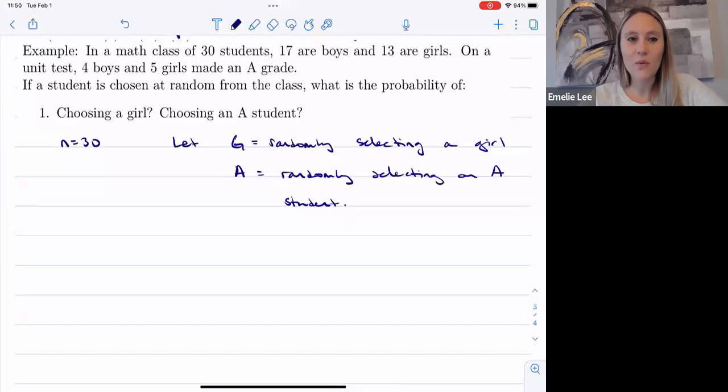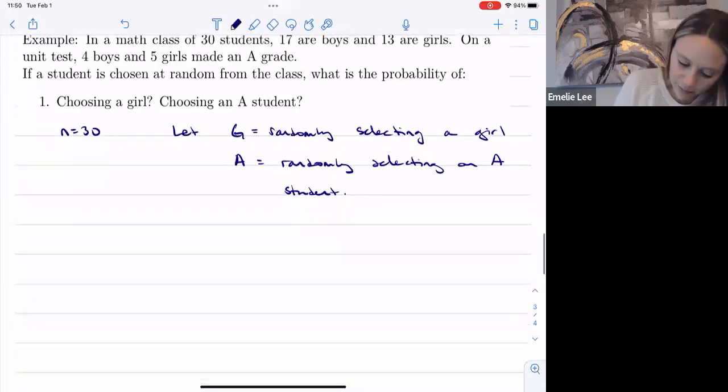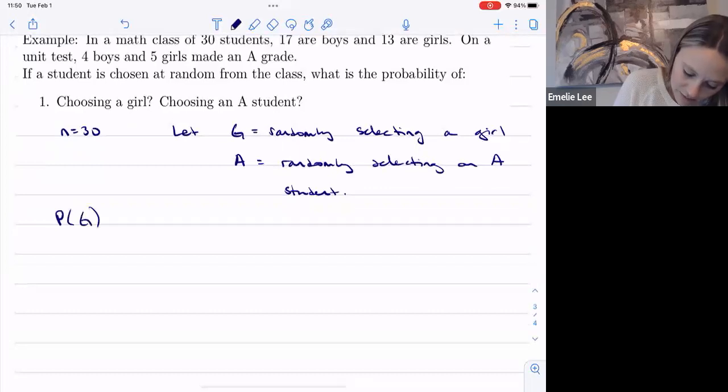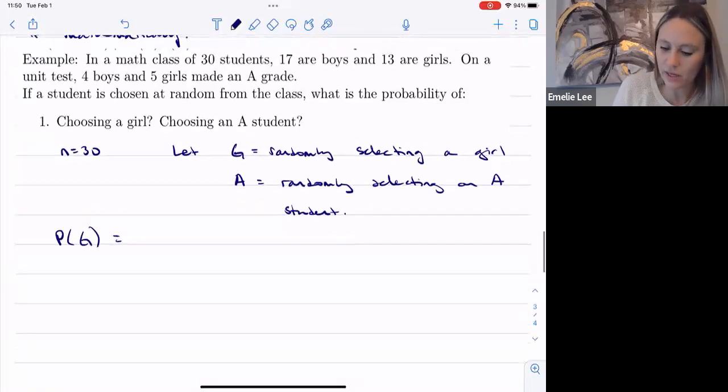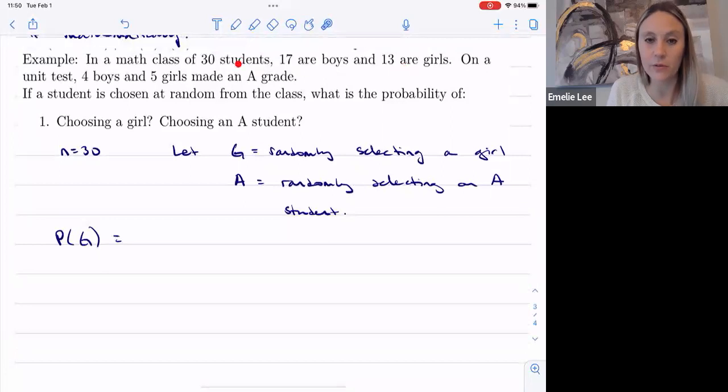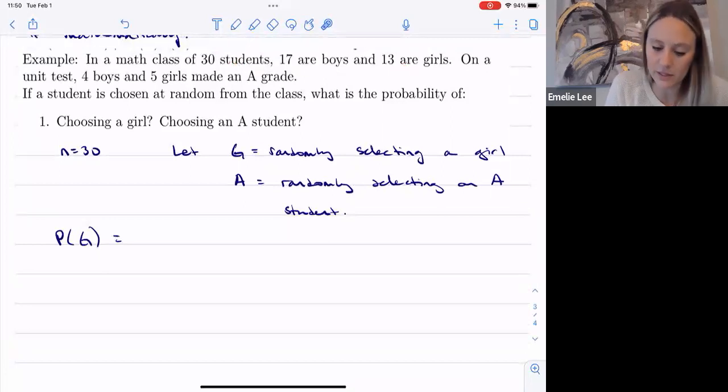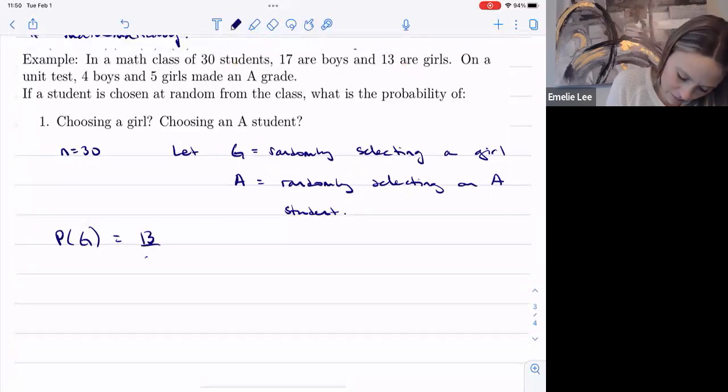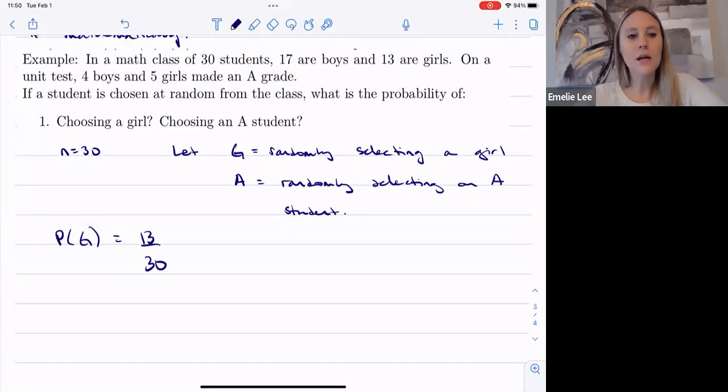Okay, so what we want to find is the probability of choosing a girl. There are 13 girls out of 30, and that's the probability. I am not going to convert these to decimals.